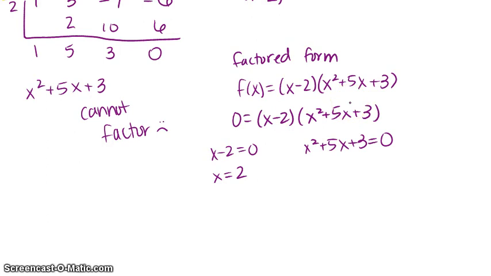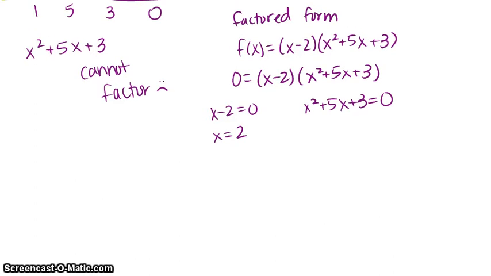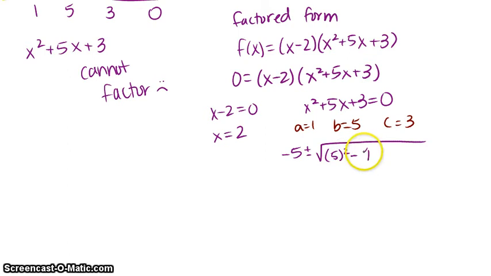Now, if we can't factor it, we have to think about all the other ways we know how to solve a quadratic. One of the other ways that we can use is our quadratic formula. If we remember, our a is 1, our b here is 5, our c is 3, and our quadratic formula is the opposite of b plus or minus the square root of b squared minus 4 times a times c, all over 2 times a.